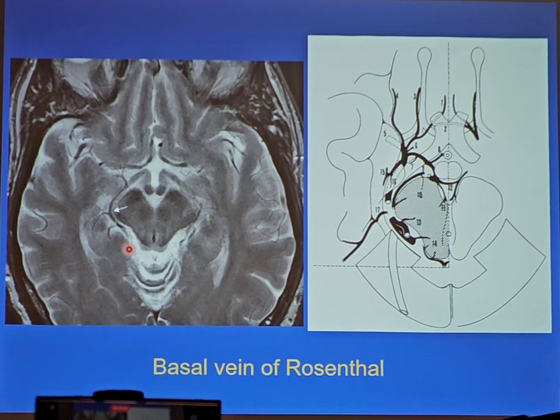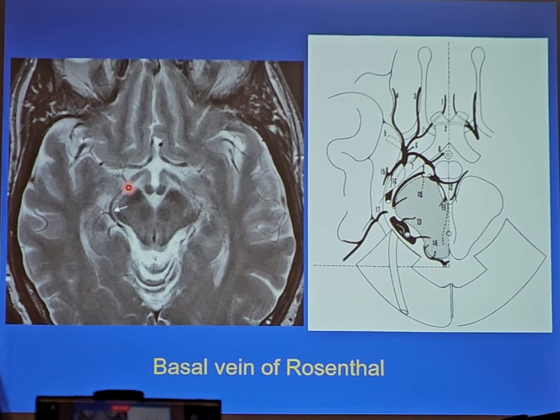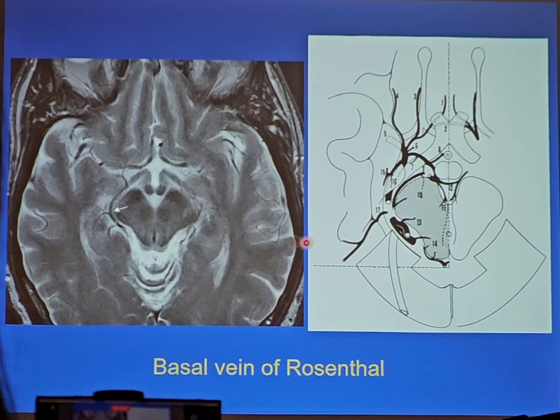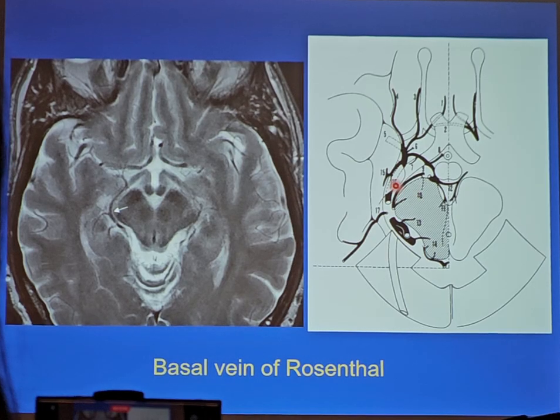So this is the vein of Rosenthal in the normal environment, and it takes up tributaries from the medial aspect of the hippocampus and temporal cortex region. Although it is called the deep venous system, it does actually drain cortex, and it drains the adjacent midbrain and cerebral peduncle region.